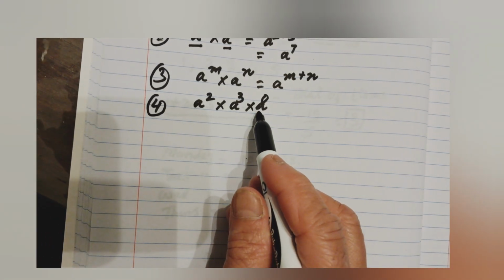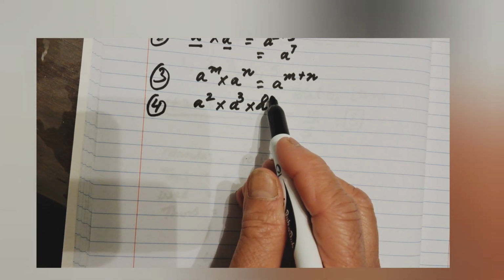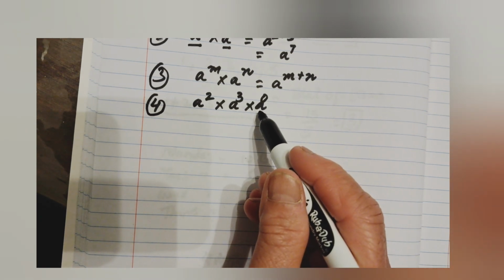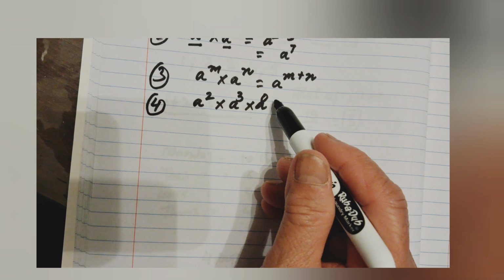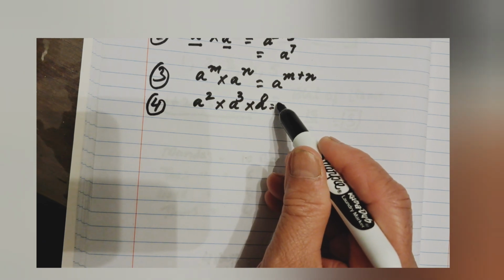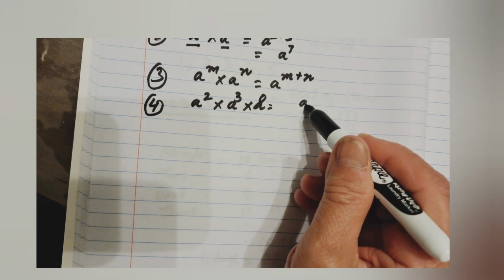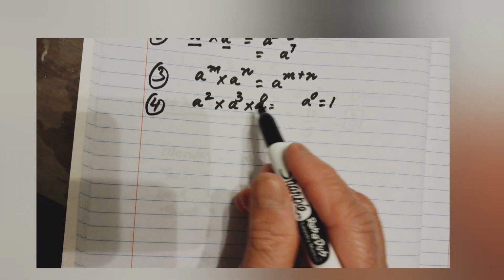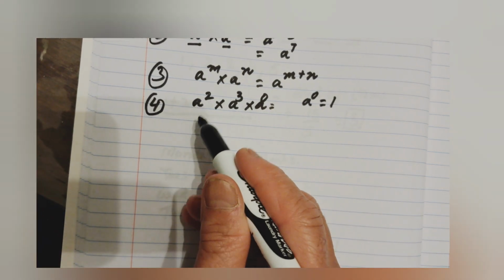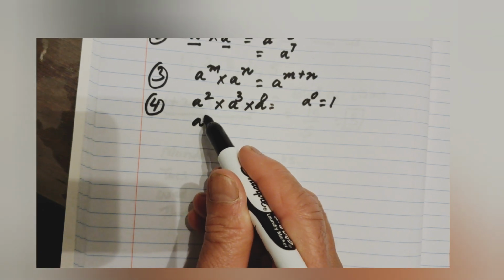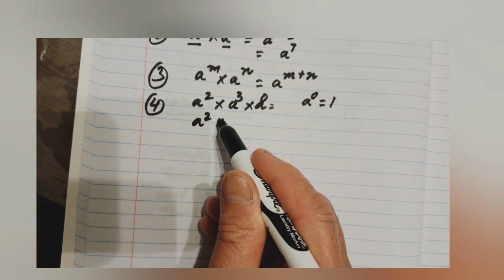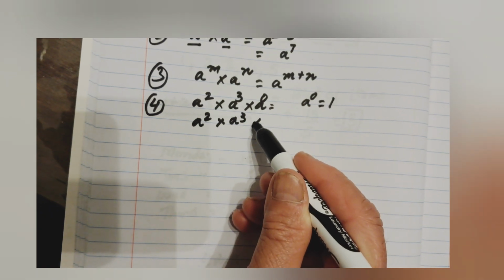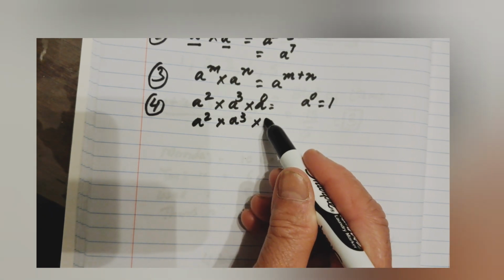When there is a to the power of 0, we can't make it 0, but a to the power of 0 is always equal to 1.